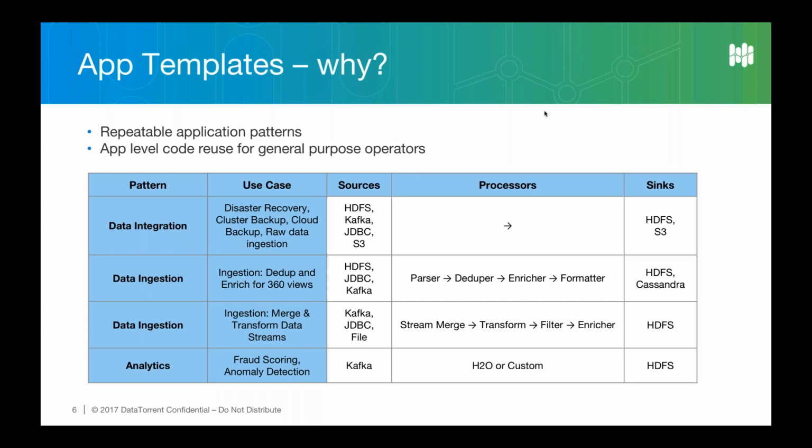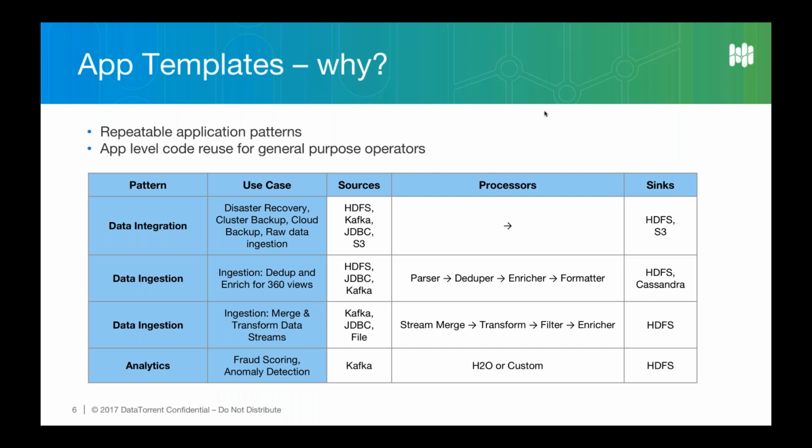So you typically, let's say, move from a database to HDFS as an example. The second one is ingestion from a streaming source into a data lake. So for example, take data from Kafka as your streaming source and write it out to HDFS. That is a second pattern.